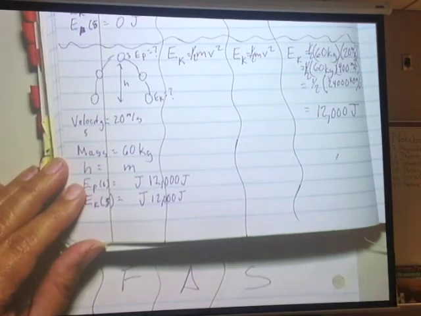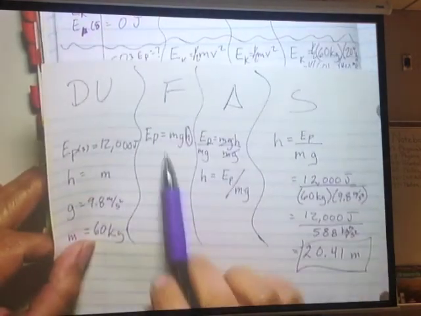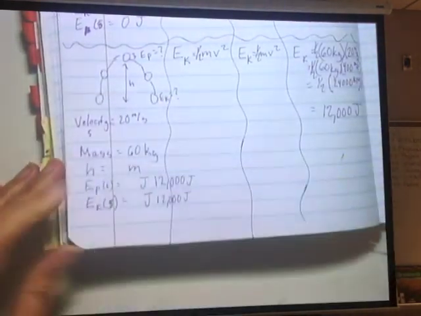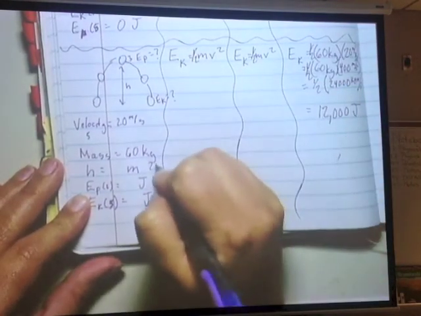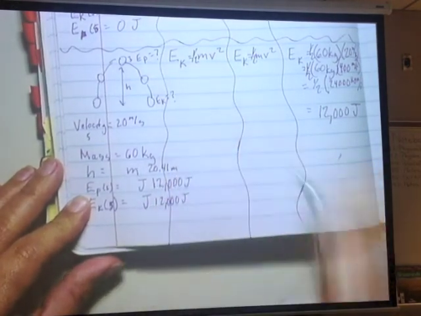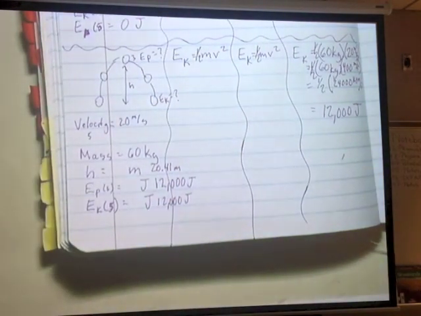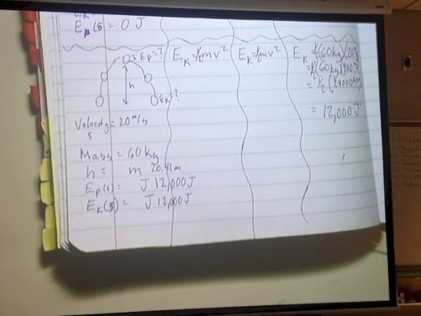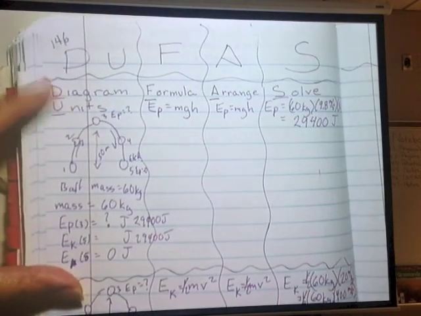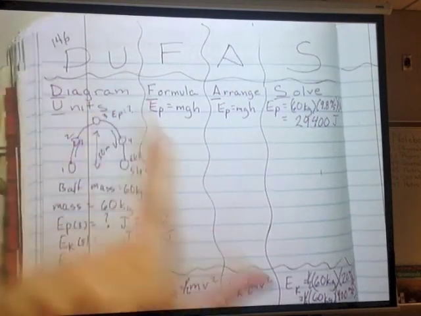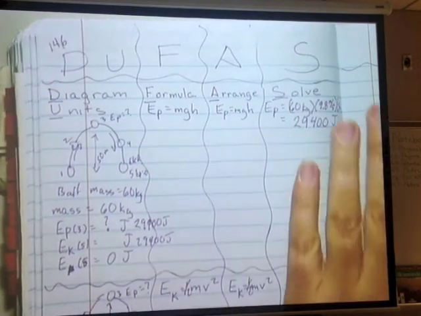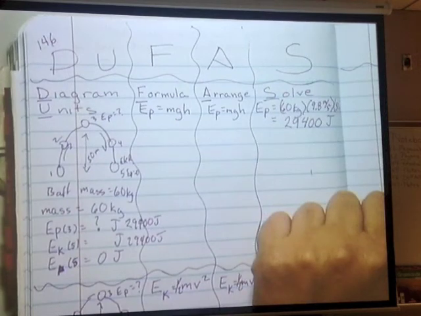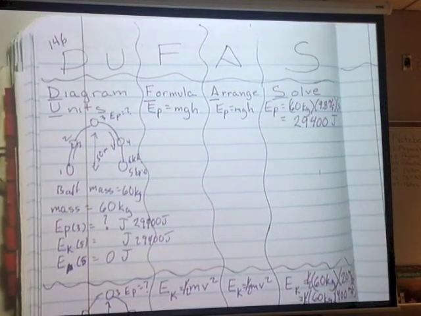Once you have that, you were able to use the potential energy formula to find height, and now you know that the height was 20.41 meters. So make sure that whenever you're doing problems, you're finding every single part, you're diagramming your units, you're finding the right formula, rearranging if you need to, and then whenever you solve and substitute, remember to use order of operations.